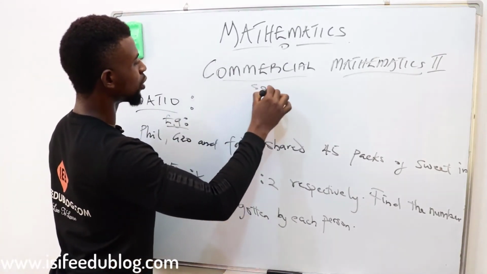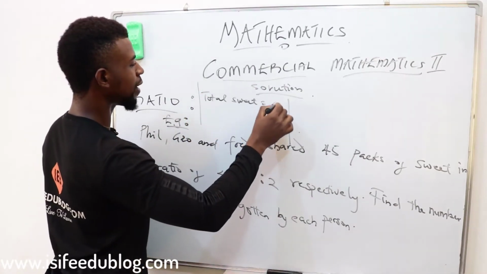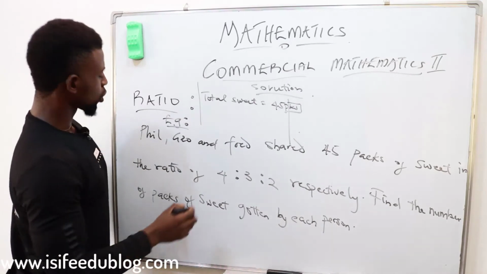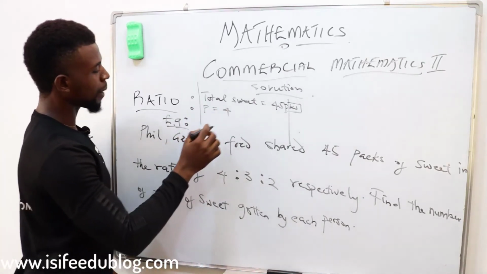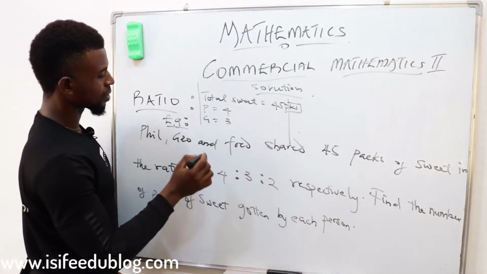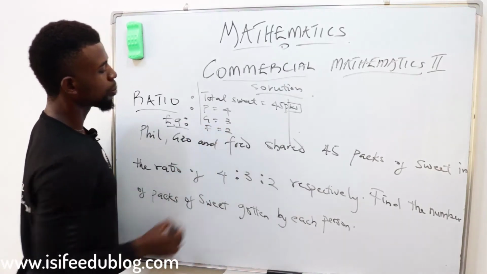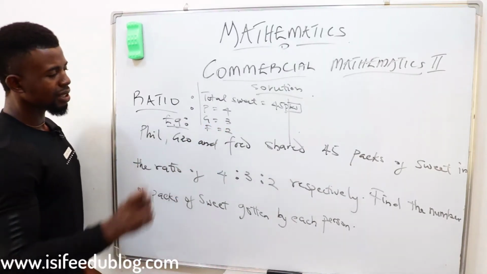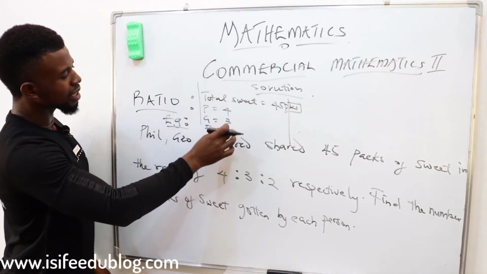Let's write our solution. So we have that the total number of packs that we share in total is 45 packs. Alright? So we have that Phil is entitled to 4 packs, then Joe is entitled to 3 packs, and Fred is entitled to 2 packs. Okay? Now let's go this way. Now 4 is to 3 is to 2.